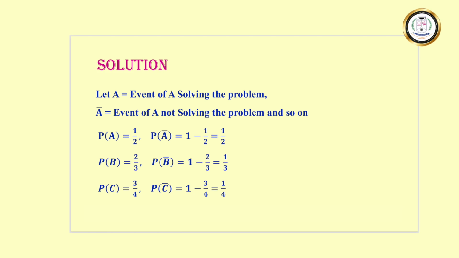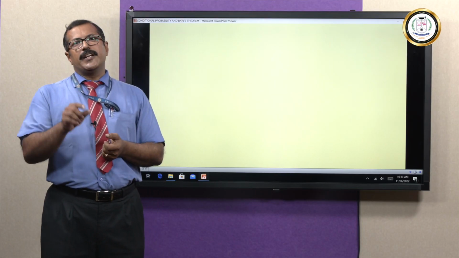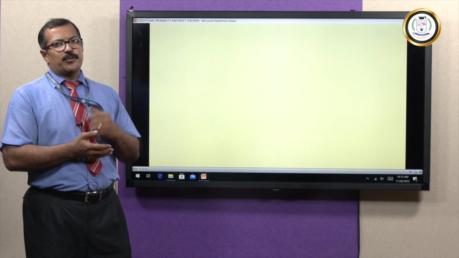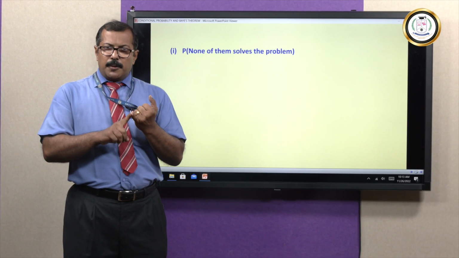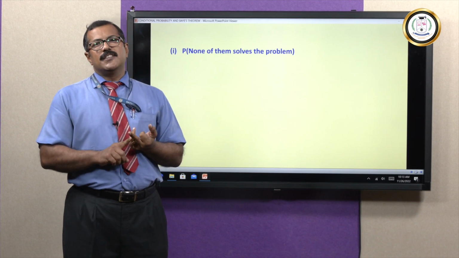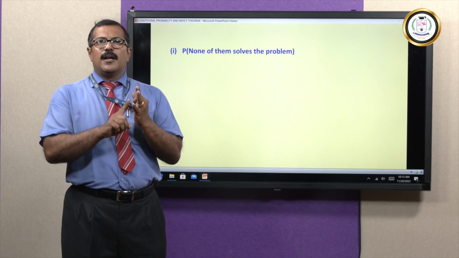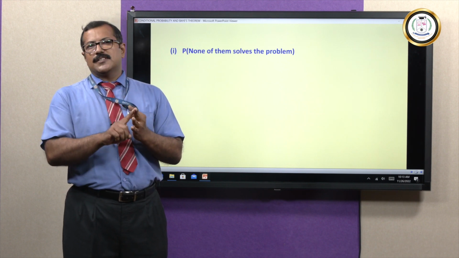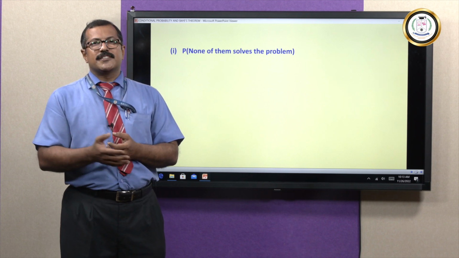Now what is required? Let us try to convert them into probability terms. The first question: none of them solves the problem. This can be mathematically converted into A not solving the problem and B not solving the problem and C not solving the problem, symbolized as A complement and B complement and C complement, which is an intersection.